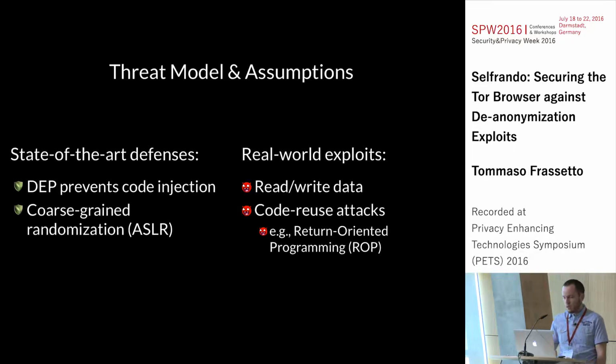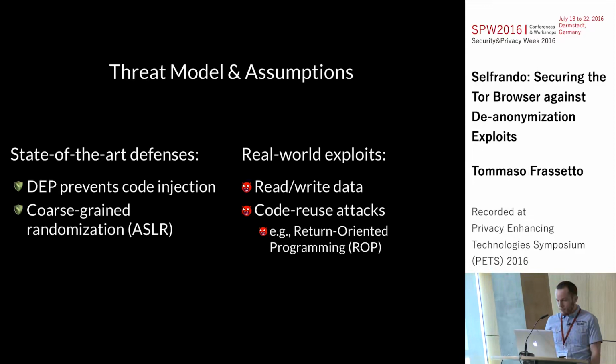These are both widely deployed defenses. On the other hand, the attacker can use a vulnerability to read and write data. And it can also try to mount a code reuse attack like a return-oriented programming attack, which works as I mentioned earlier. Let's now take a closer look at how our defense works.